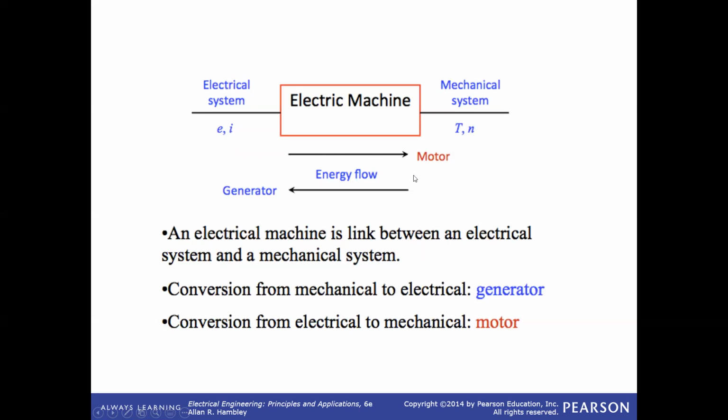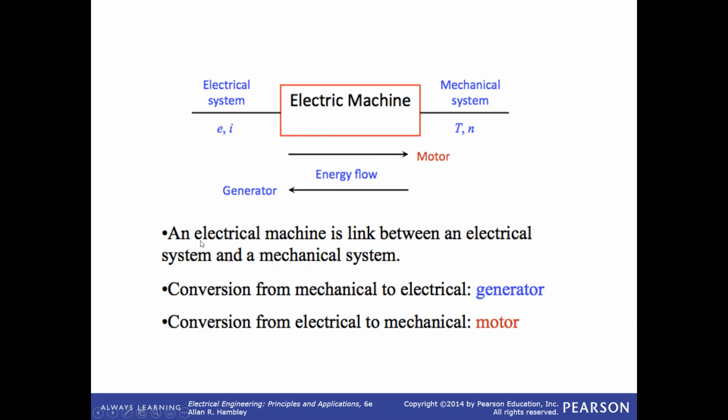It depends on the energy flow, or the current direction. If the energy flow is from the electrical source into the mechanical side, this acts as a motor, while if it is reversed, from mechanical to electrical, it is a generator.